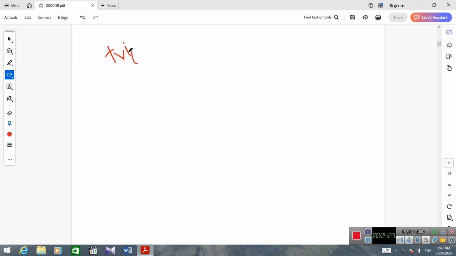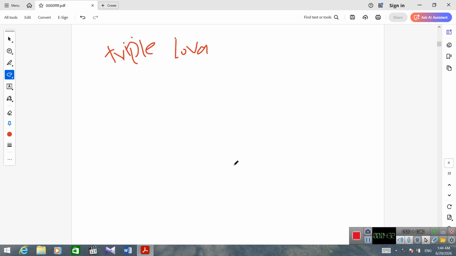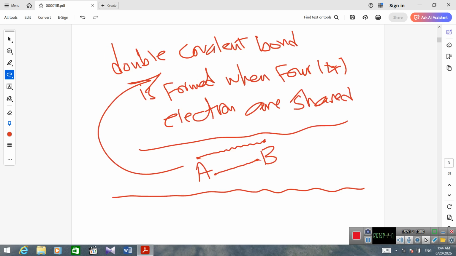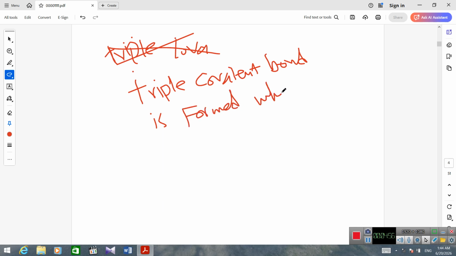And the triple covalent bond is formed when six electrons are shared between two atoms.